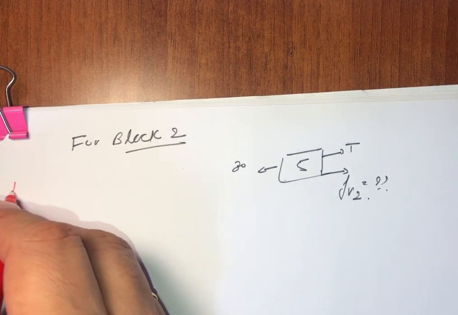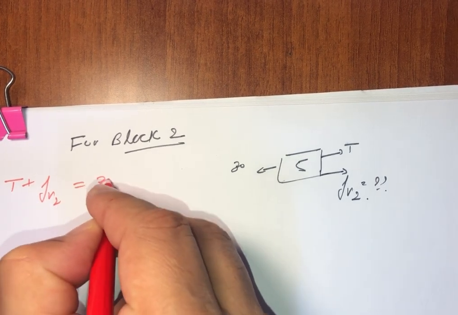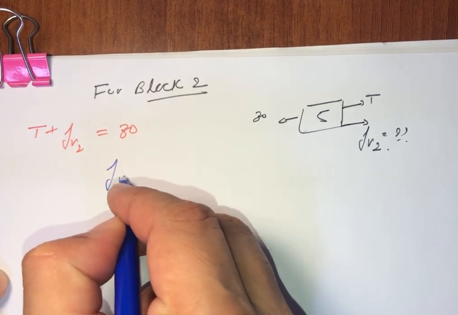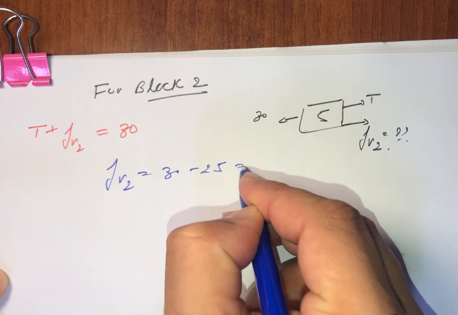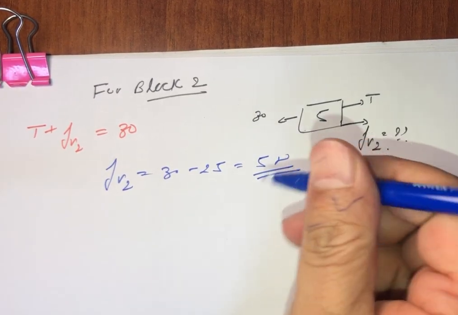You can see that T plus FR2 will be equal to 30, or FR2 is equal to 30 minus 25, which will be coming as 5 Newton.